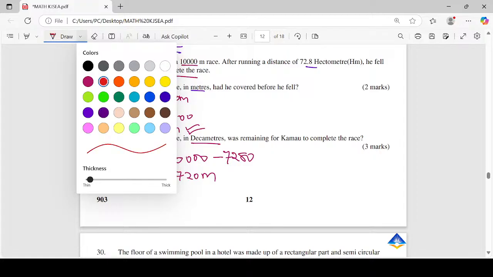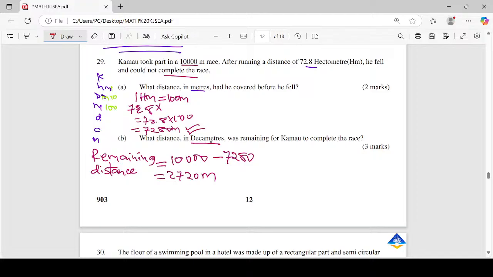They want decameters and meters, so 1 decameter is equal to 10 meters. What about 2720 meters?